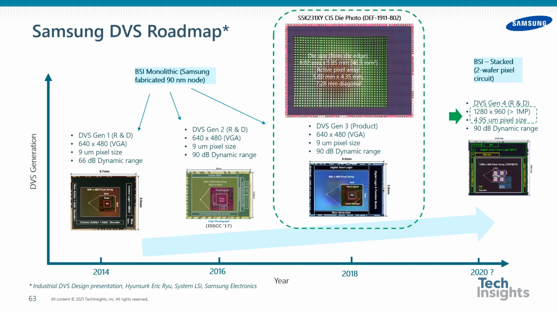In 2018, they released the generation 3 product, VGA 9 micron as well, and that's the S5K231XY, which we have analyzed, as mentioned. And they have on their roadmap the fourth generation, a 1 megapixel, 4.95 micron pixel pitch sensor that we will be looking forward to.